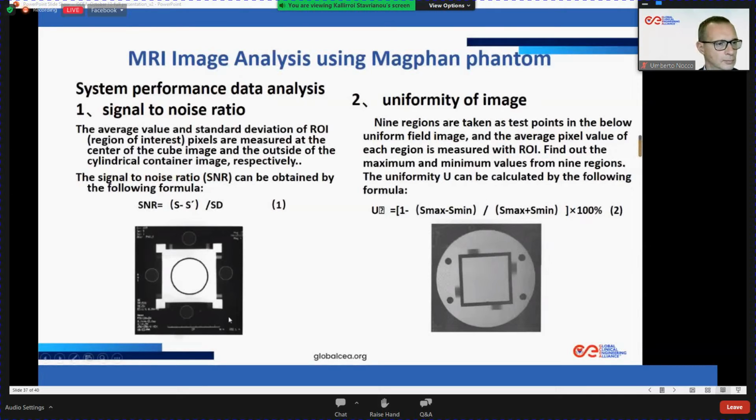This is a very important parameter. It can be calculated from the ROI data with the center data. The signal to noise ratio SNR can be obtained by the following formula. Second important is uniformity of the image, and we can calculate the nine regions of data and take the maximum and minimum to calculate this uniformity.